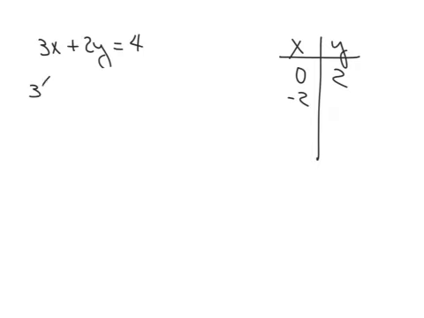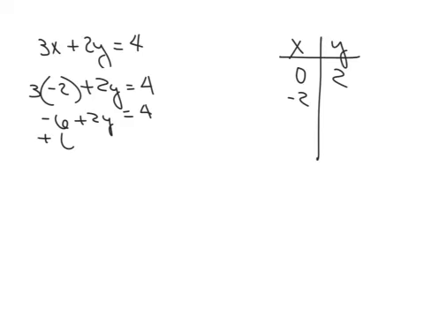So I'm going to put a negative 2 in here. Remember, you substitute so you can find out what value works for y. So negative 6 plus 2y equals 4. Add 6 to each side. 2y equals 10. Divide by 2. Divide by 2. y equals 5. Okay. So you can find the points in order to graph this, doing just what I did here.